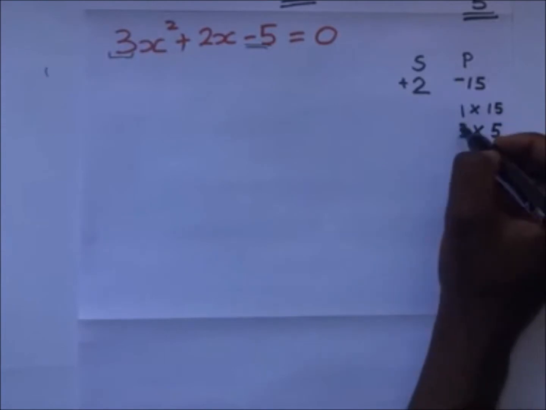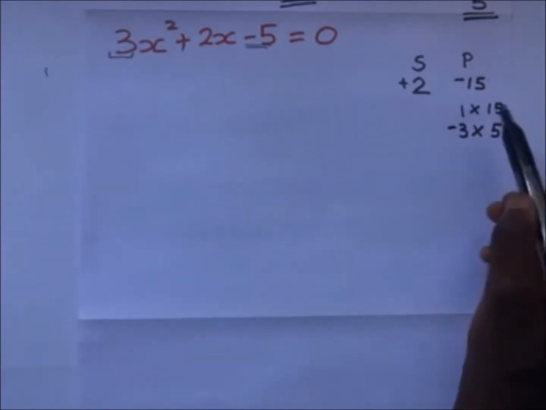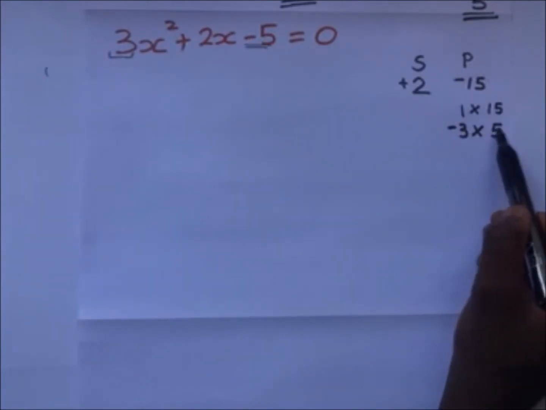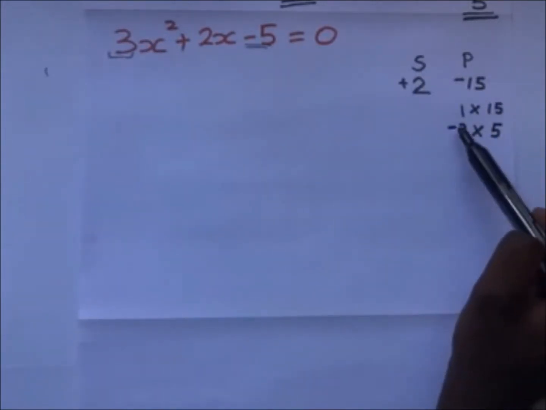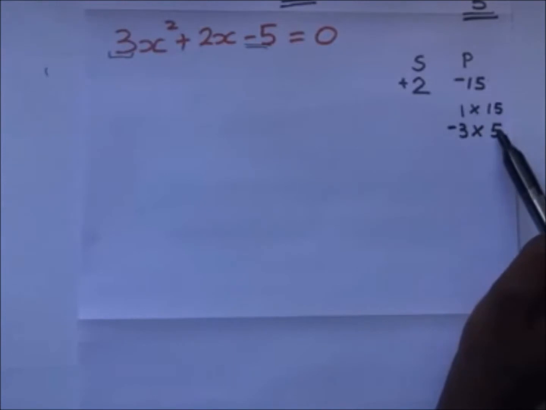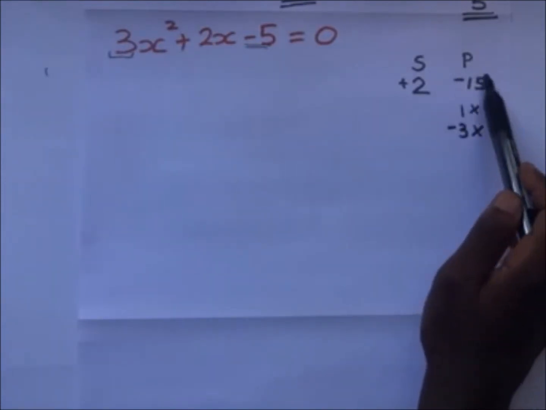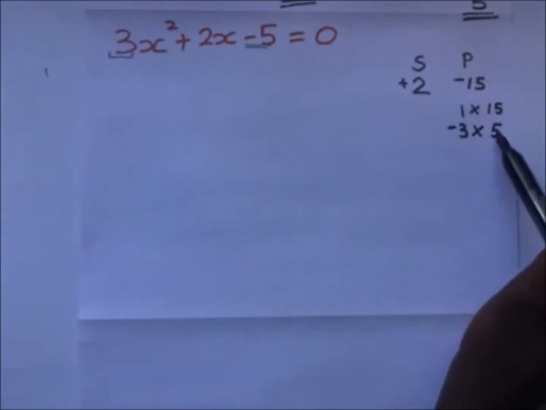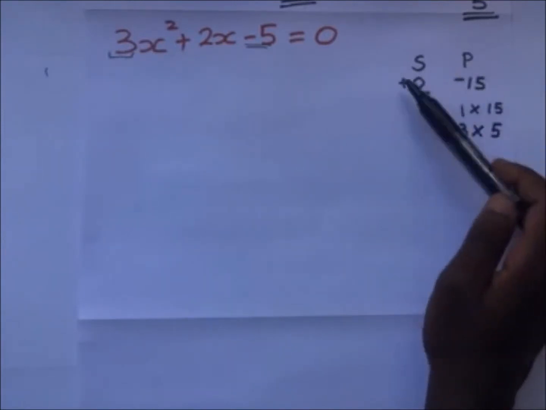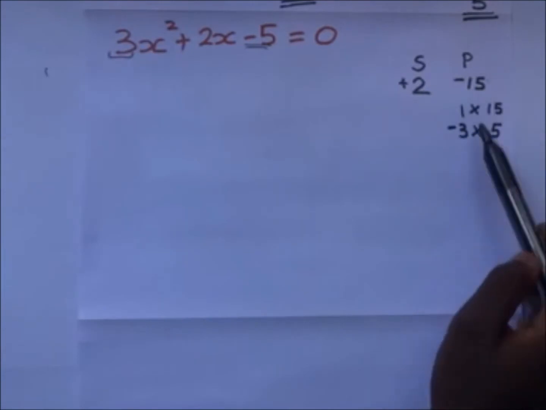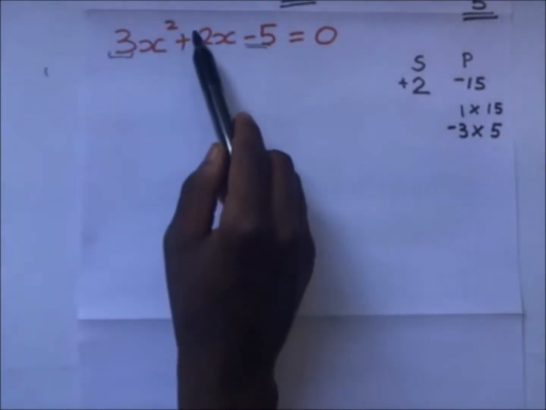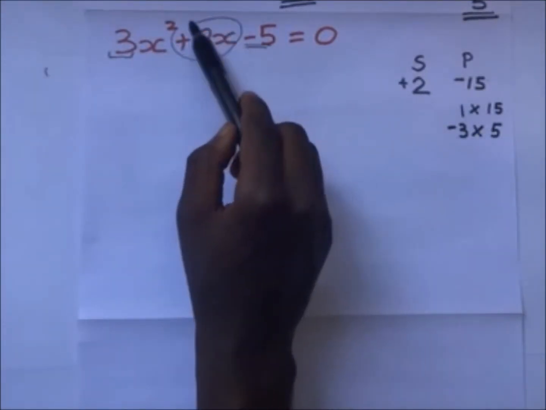Now, if we make this 3 a negative, you realize that negative 3 plus 5 gives us a sum of positive 2, and negative 3 times 5 gives us a product of negative 15. So these two numbers satisfy the condition, and we are going to use them to replace the middle term.